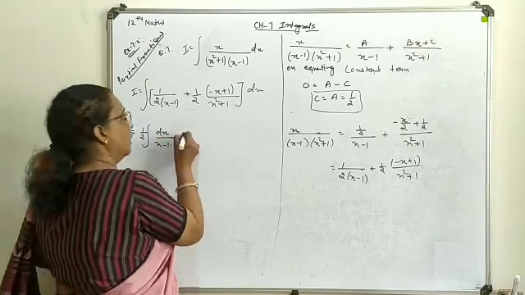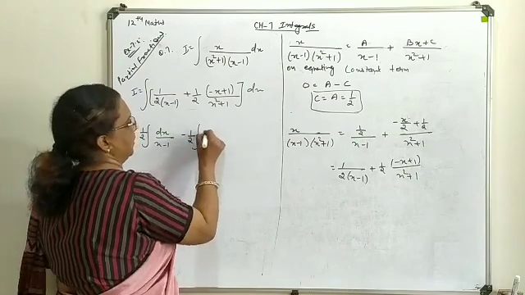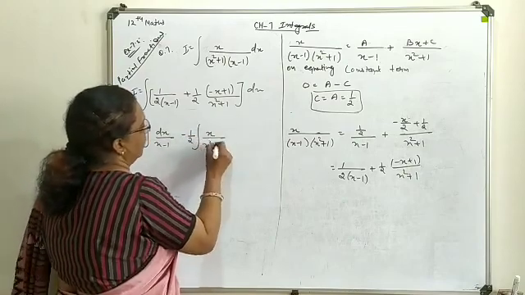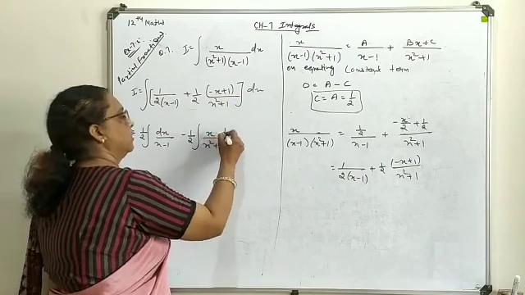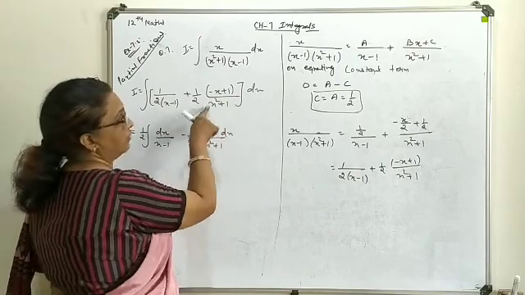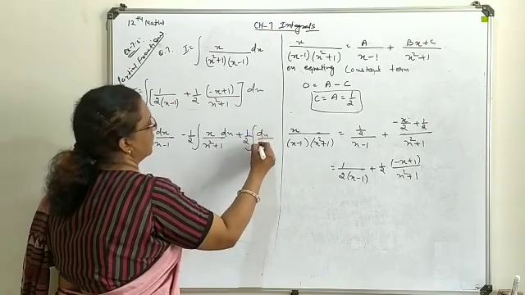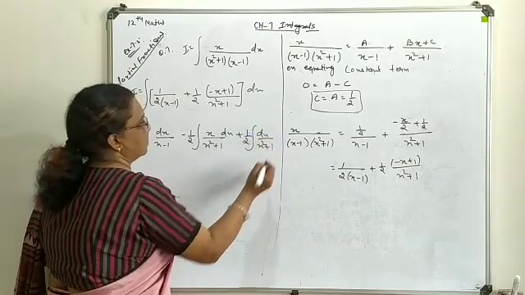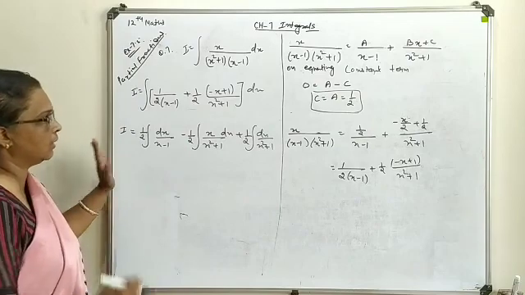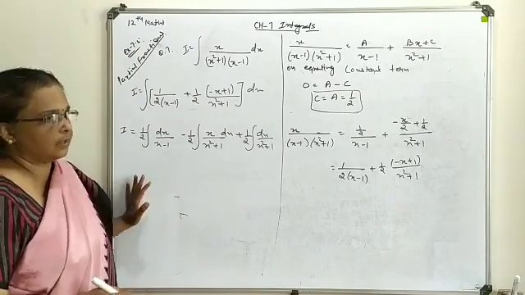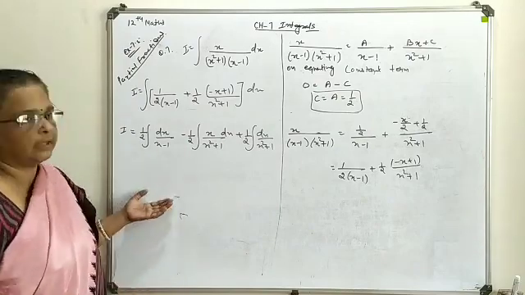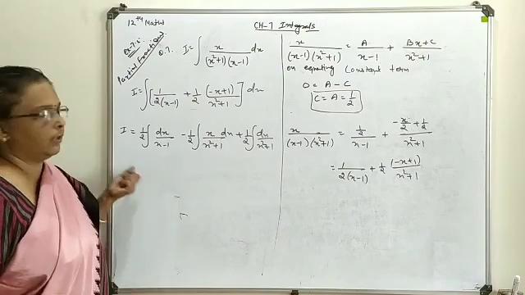Here this minus 1 upon 2 keep it aside, and this is x upon x square plus 1 separate, and then finally plus half also you make separate as the integration of 1 upon x square plus 1. So now you can see all these three combinations are separate. Now individually they are to be treated for integration.